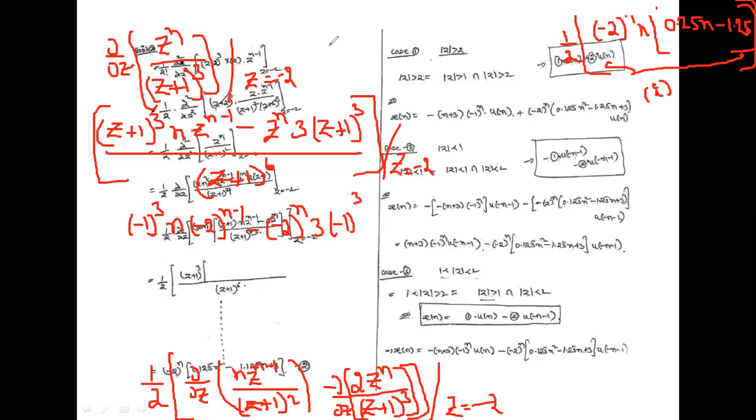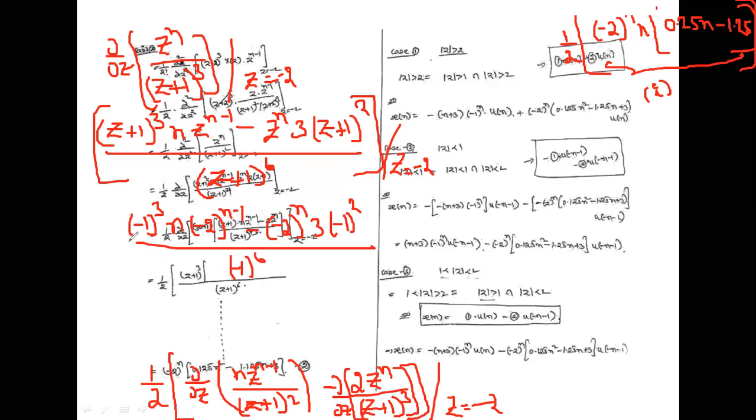Not the whole cube, my dear student, this is a square. Whole divided by (minus 2 plus 1) whole power 6, which is minus 1 whole power 6.